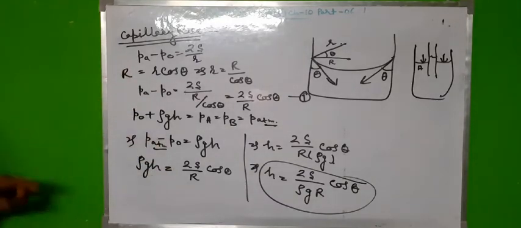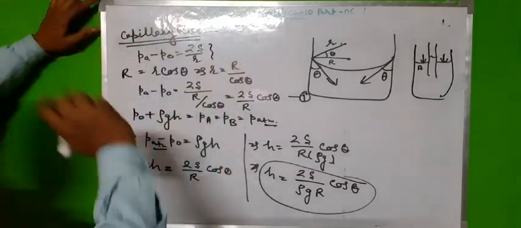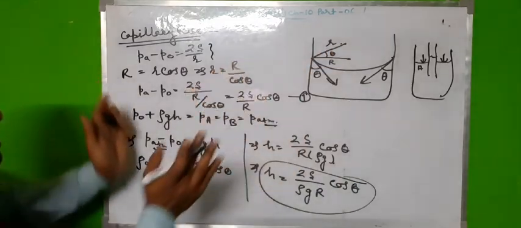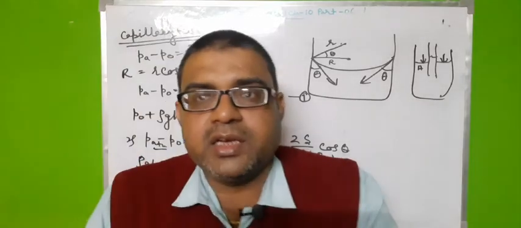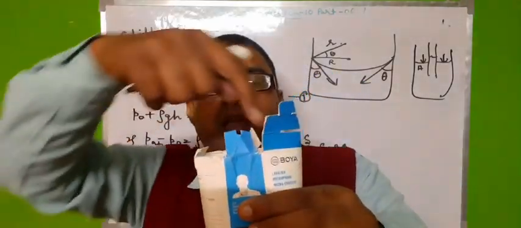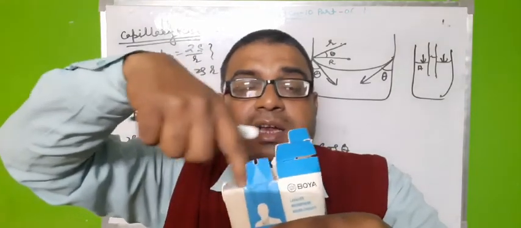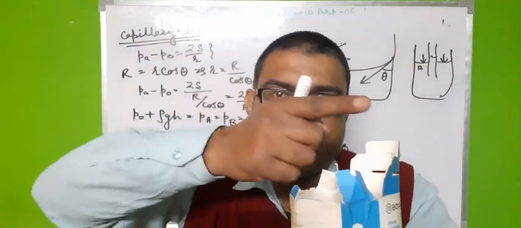I am summarizing it in a nutshell. This is the pressure difference, excess pressure. R is the radius of the meniscus. Suppose, look here, this is the container, so this radius is capital R. The liquid is making a curve-like shape like this.